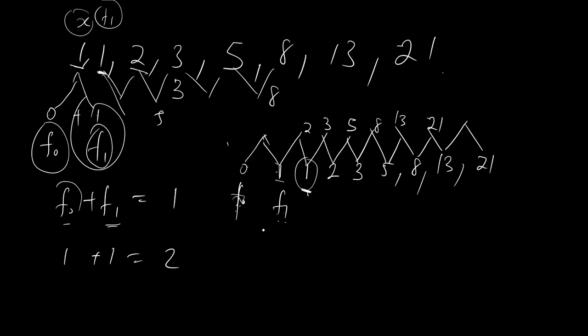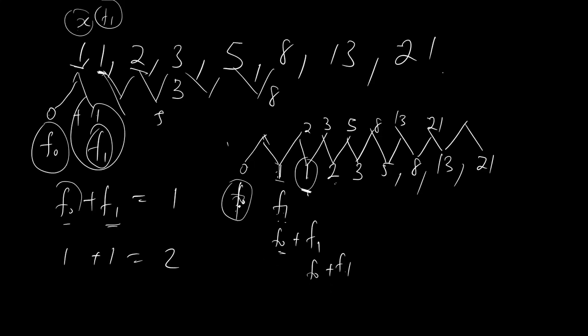If you now add this one and this one, you get 2, which is this. So that means this f0 will now move to this place to become this, while f1 moves to here to become this. Now the next one, this f0 will move to this and f1 becomes this. So if you add this and this, you have 3. So that is the way it moves.